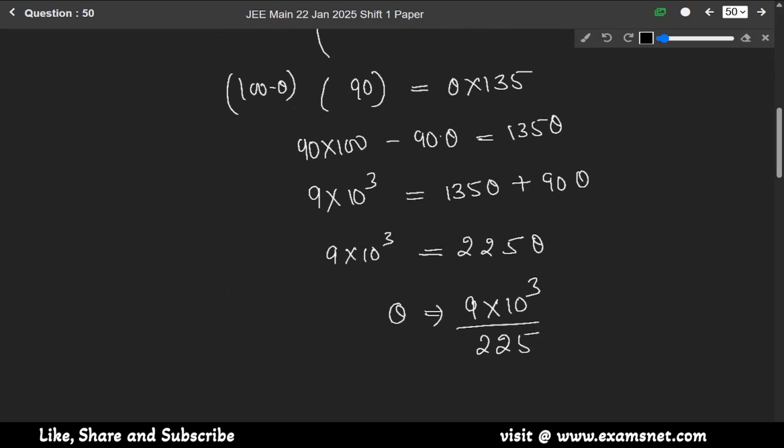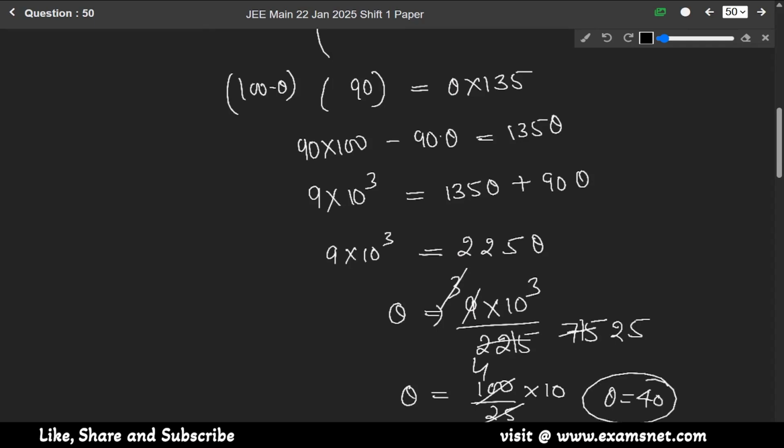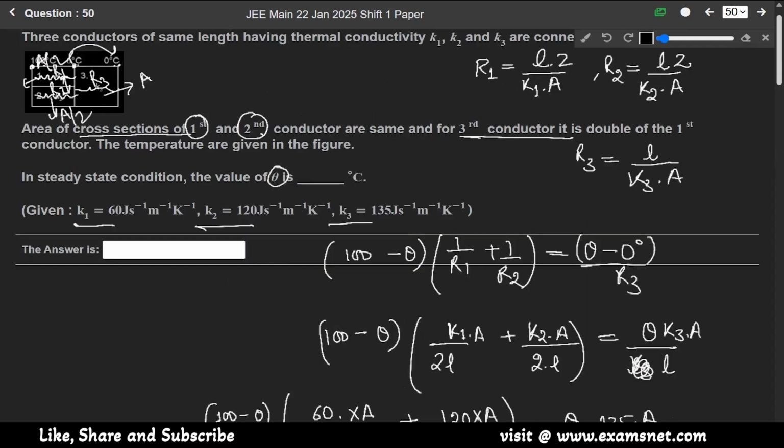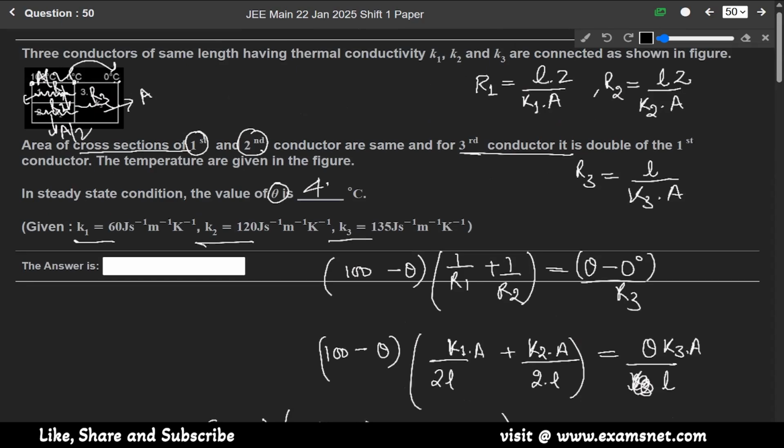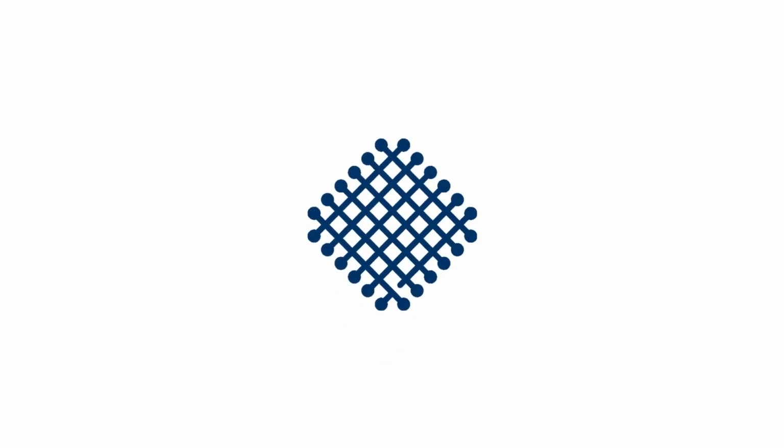When we solve it, it means 100 over 25 into 10, so theta will be equal to 40. So our answer is theta equals 40 degree Celsius. This is our final answer.